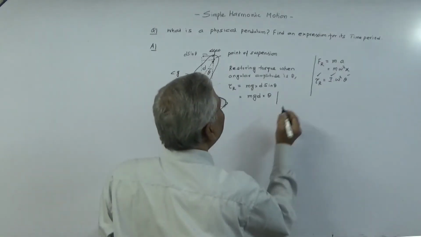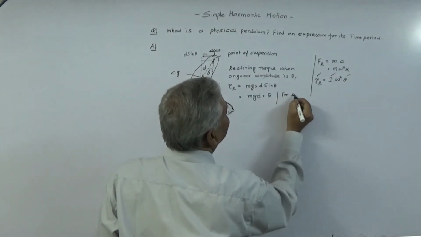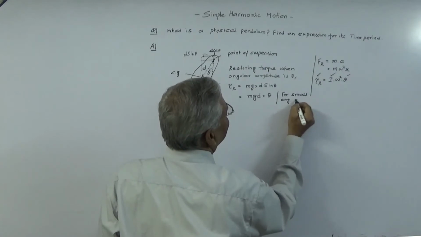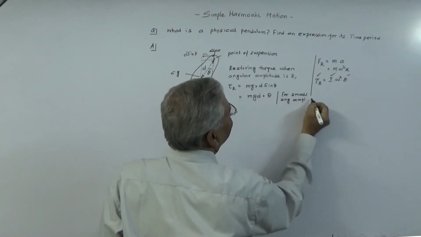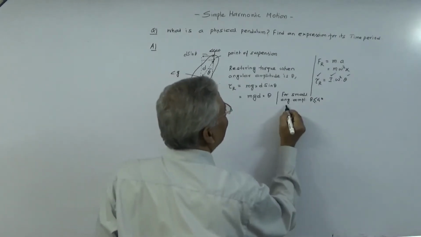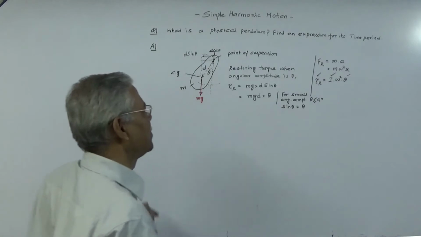So mg d into theta for small angular amplitude. I think you have already got your answer.